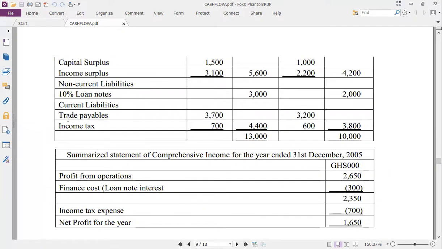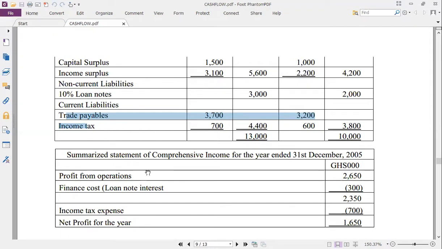Here, when you check, there's no interest payable. So they paid all of it, and they are not owing anyone. That means the interest expense is the same as the interest paid in that scenario. So the same figure will be added back and the same figure will be subtracted at the bottom of the operating cash flows. How we get it. Good.